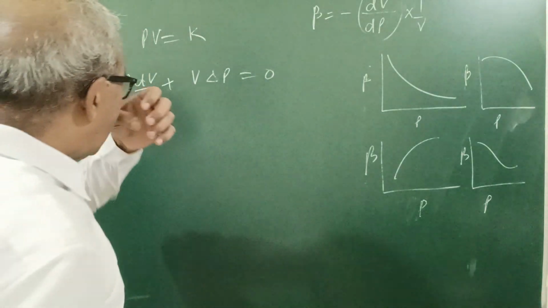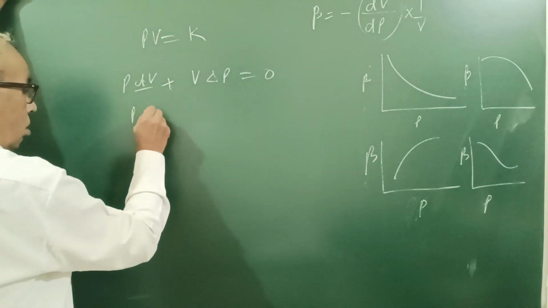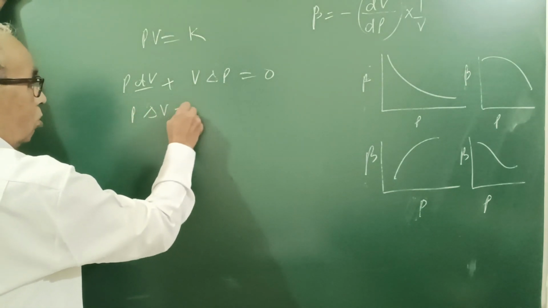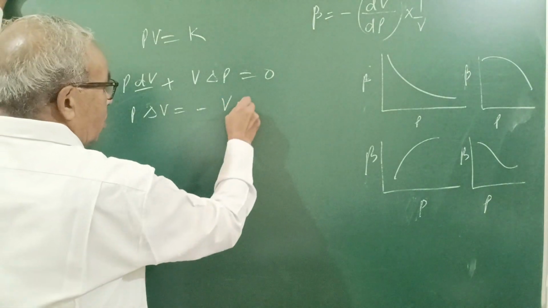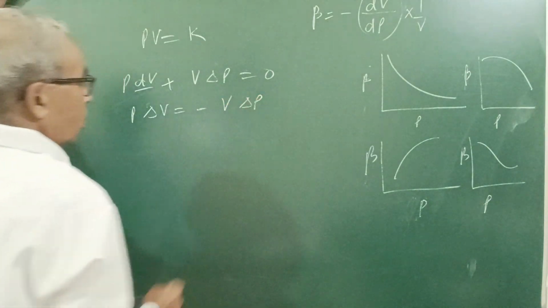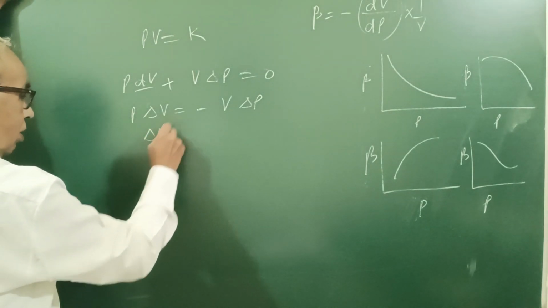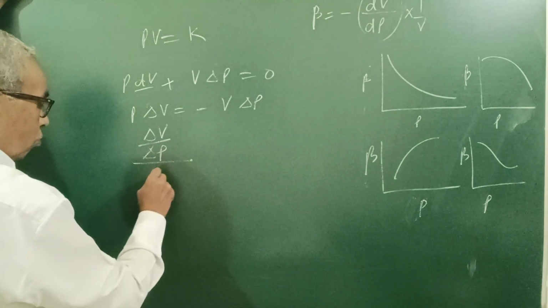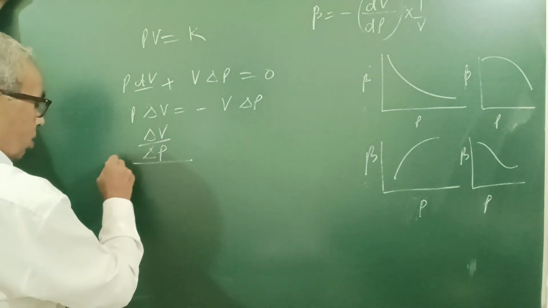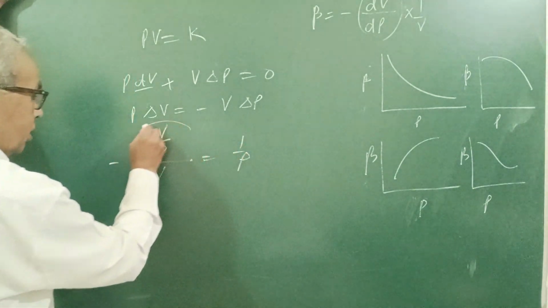So P delta V equal to minus V delta P, and minus delta V upon delta P upon V equals 1 upon P, and this is beta.